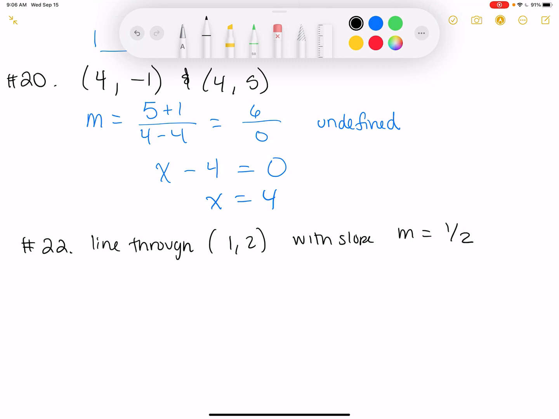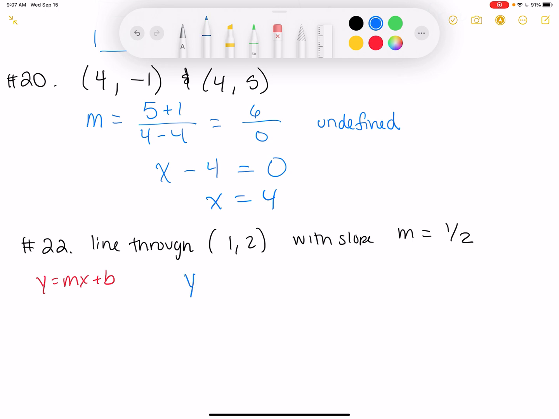It wants us to write our answer in y equals mx plus b, but I'm given a point and a slope, so I have to start out with that. There's no way to put it straight into y equals mx plus b with the given information, so I'm going to use point-slope form to get there.